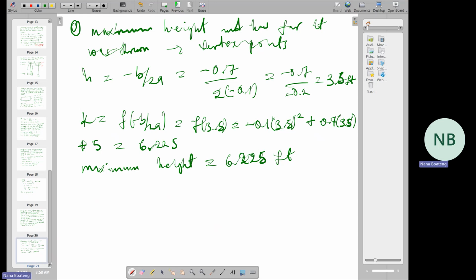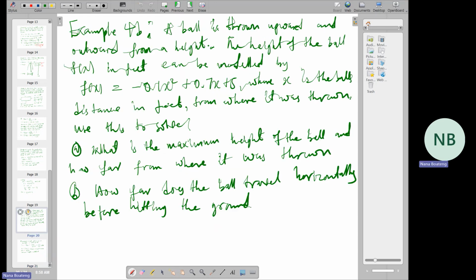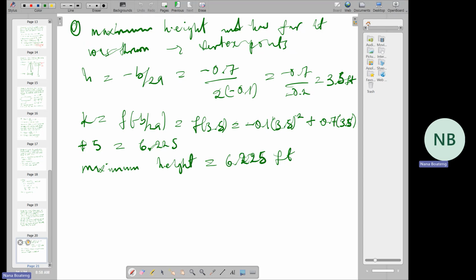And B said, how far does the ball travel horizontally before hitting the ground? So at the time the ball hits the ground, its height is 0. When the ball hits the ground, f of x is equal to 0.